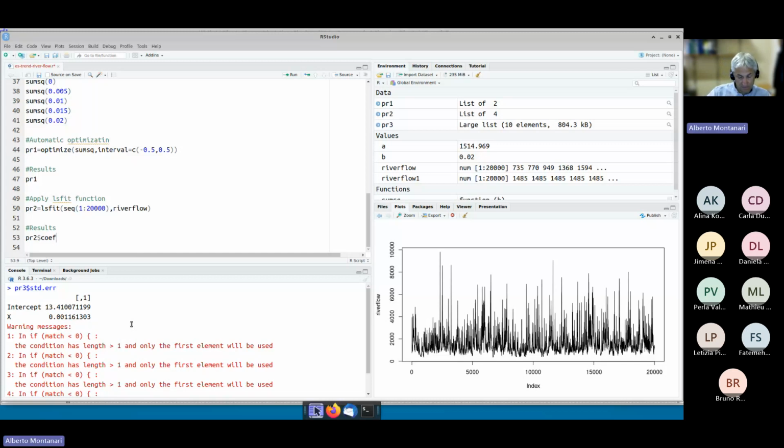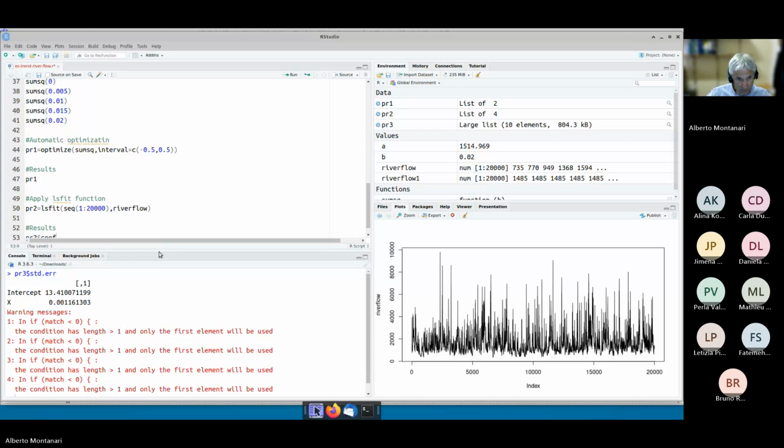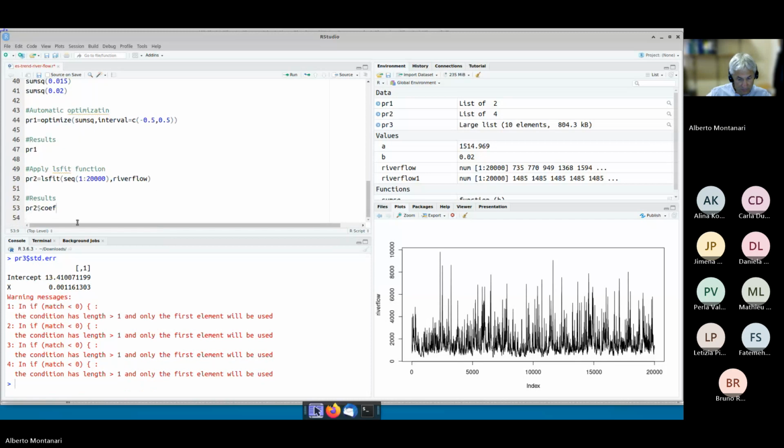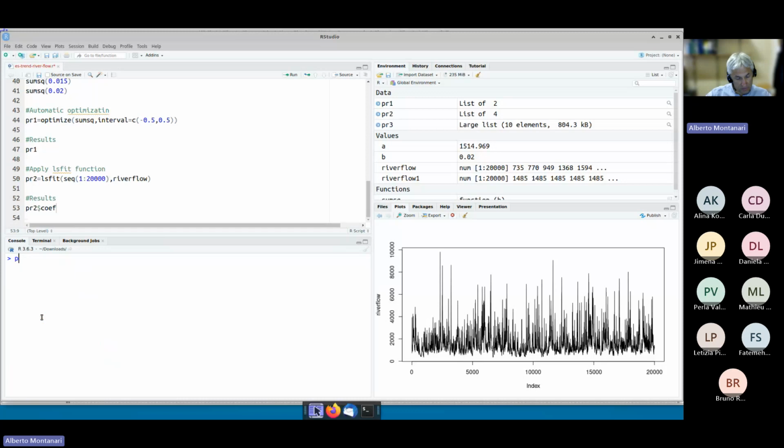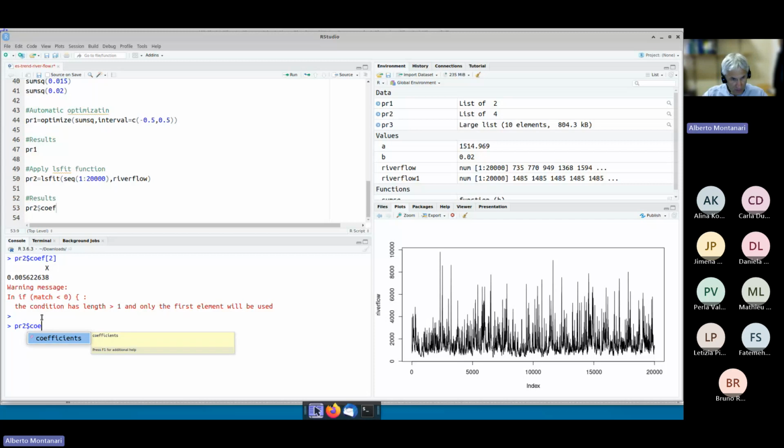So let's make it. Let me clear the console. So PR2 coef 2 should give the slope. Perfect. And then we can make PR2 coef 2 minus PR3 standard error 2.